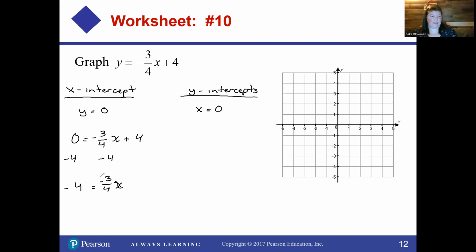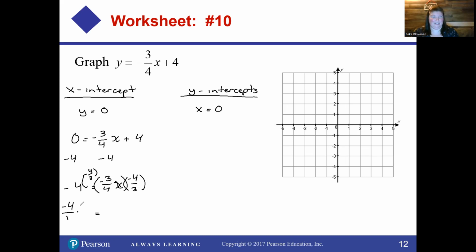Multiply both sides. So remember, because this is a 3/4, we're going to multiply by a -4/3. Didn't leave enough room over here on this side. But over here, we're going to have -4 times -4/3.